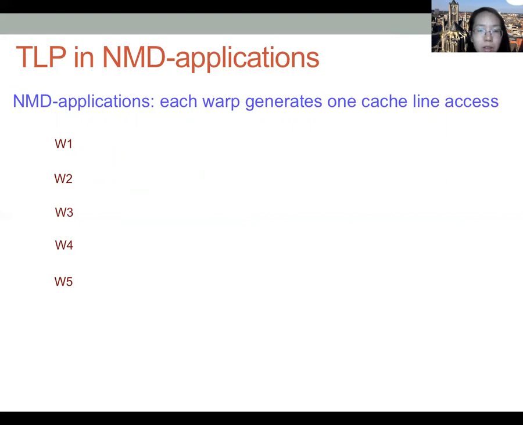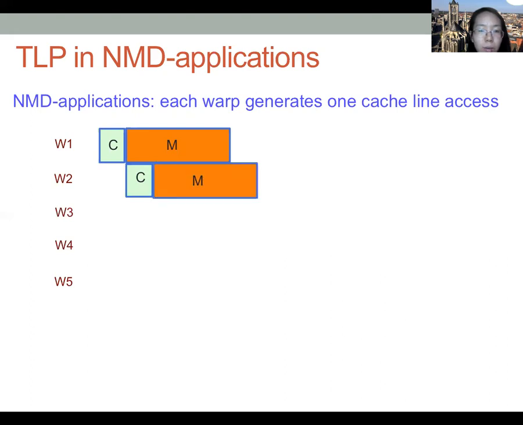In order to understand the key insight in the MDM model, we compare non-memory divergent applications and memory divergent applications. First, I will use an example to show the thread-level parallelism in non-memory divergent applications. In non-memory divergent applications, each warp generates one cache line access. Warp 1 issues a compute instruction and then a long latency memory instruction, for instance, one L1 miss. Then the SM chooses another warp, for instance, warp 2, and executes the compute instruction in warp 2.